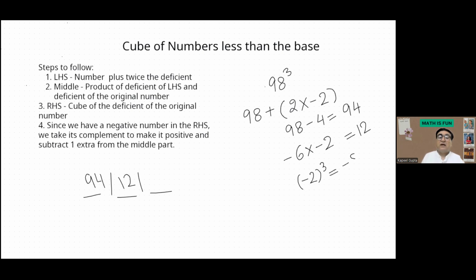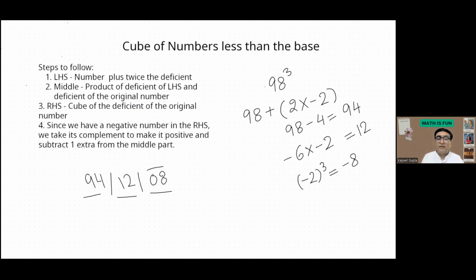Now, because we are calculating the base as two zeros, the number should actually be 08 because I'm writing in two digits, but this is a negative number. Now we cannot have a negative number here, right? So what we will do, which is mentioned in step 4, is take the complement. So 100 minus 8 becomes 92.